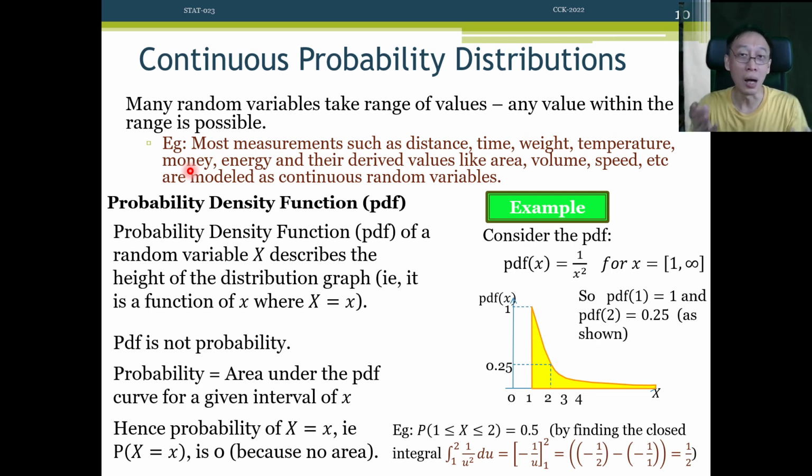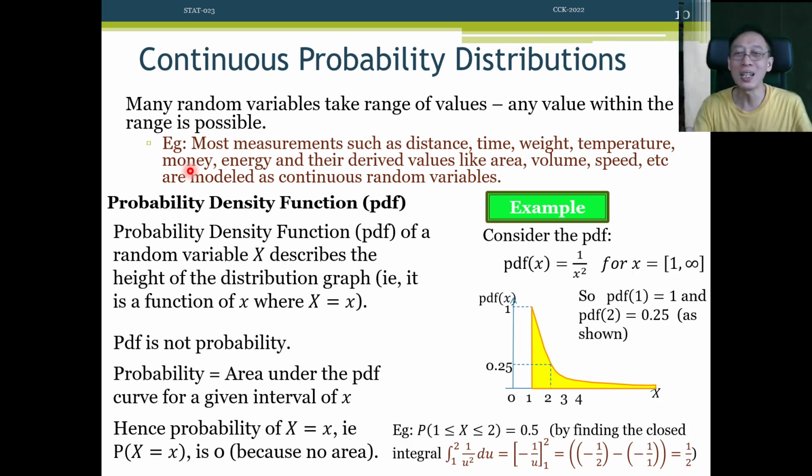If you are measuring time, digital clocks will show by the seconds, so you can't see sub-seconds. Even if you use very accurate microsecond digital clocks, it will be precise up to microseconds. You cannot see even smaller divisions of those microseconds. So how do you get continuity, isn't it? Those are important and very good questions.